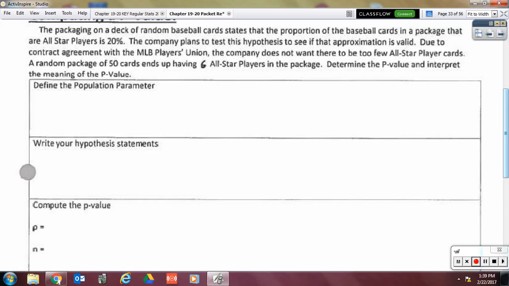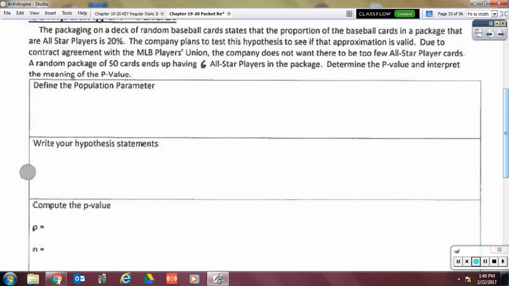The company plans to test this hypothesis to see if that approximation is valid. Due to contract agreements with the MLB players' unions, the company doesn't want there to be too few. A random package of 50 cards ends up having 6 all-star players in the package. Determine the p-value and interpret the meaning of the p-value.